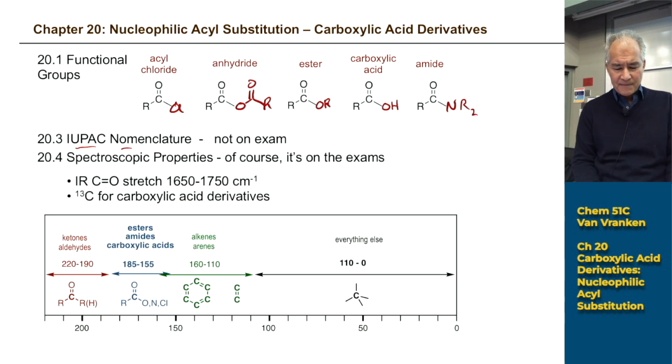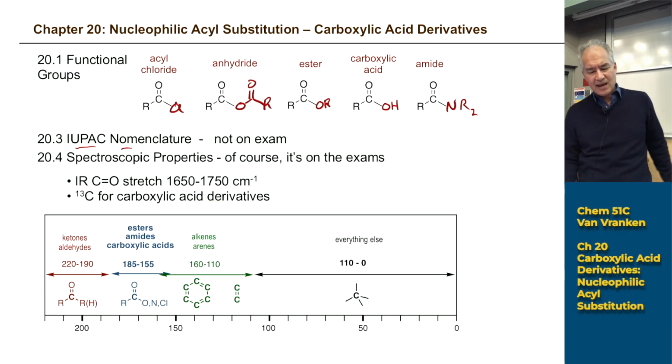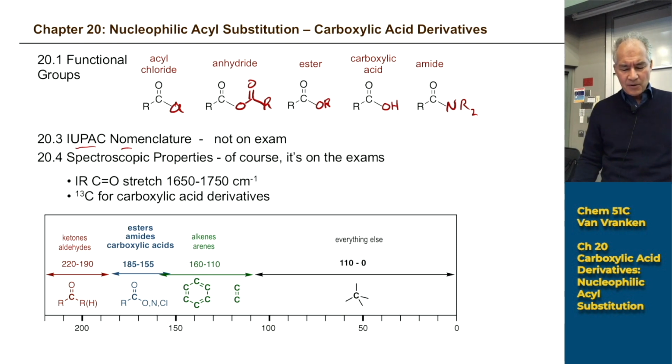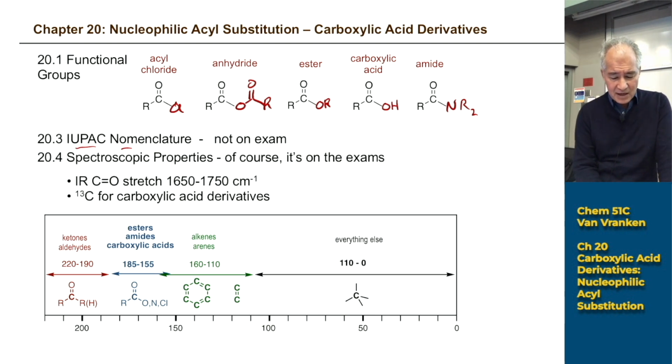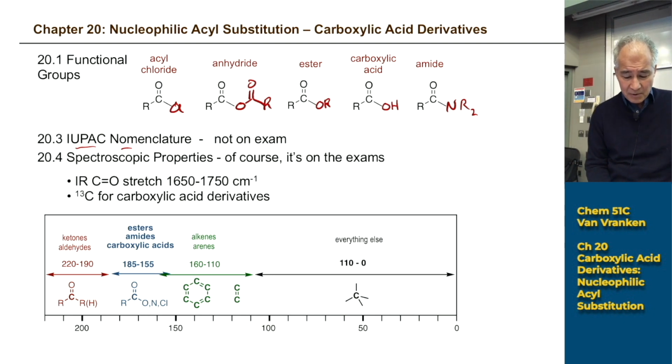So let's see how you can separate the carboxylic acid derivatives from ketones and aldehydes. You might recall that we've discussed before that if you have a ketone or an aldehyde, like this over here, where you've got R groups on each side, or an aldehyde where one side has an H, those are generally going to appear past 190 parts per million.